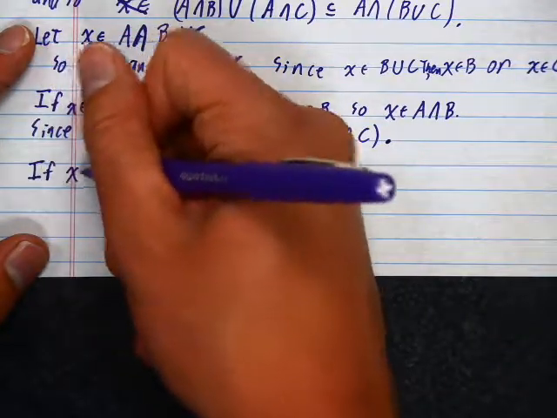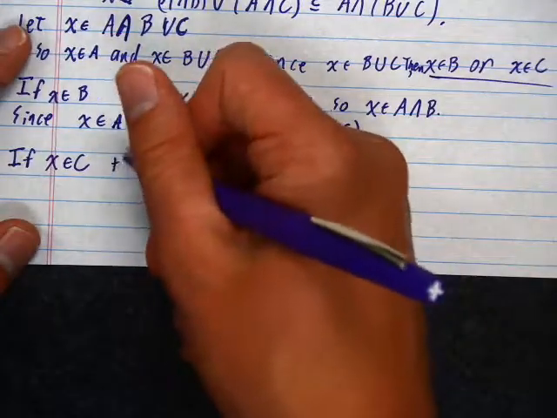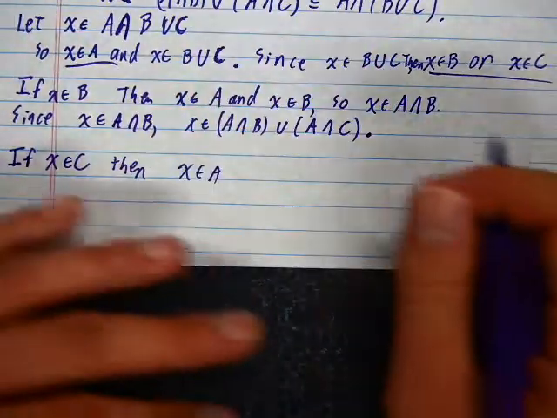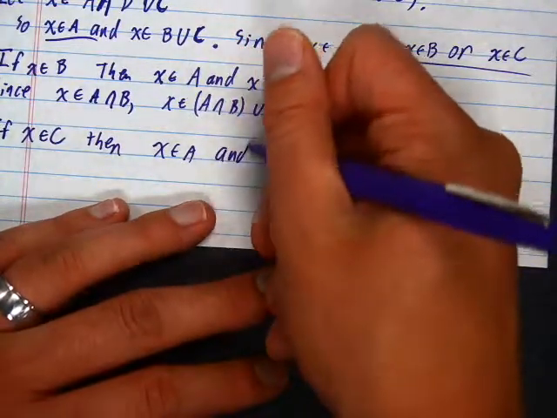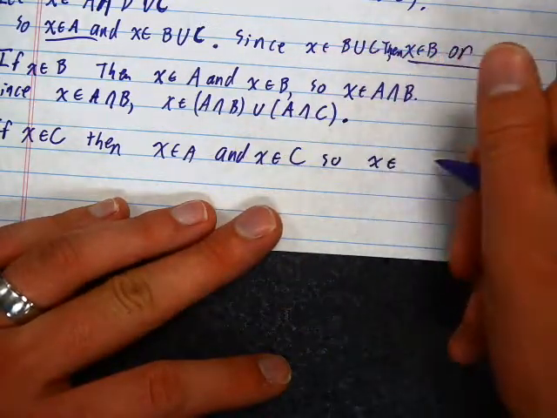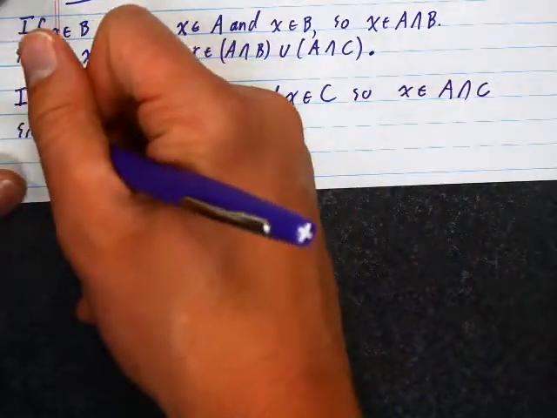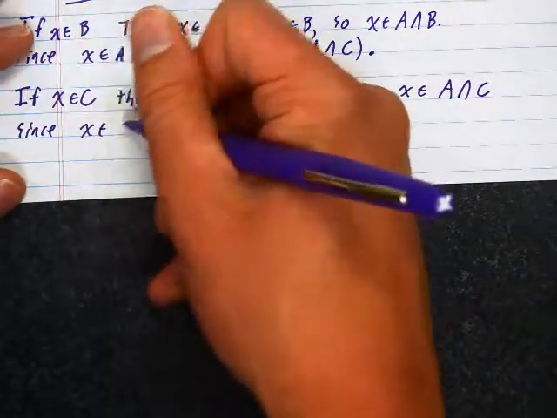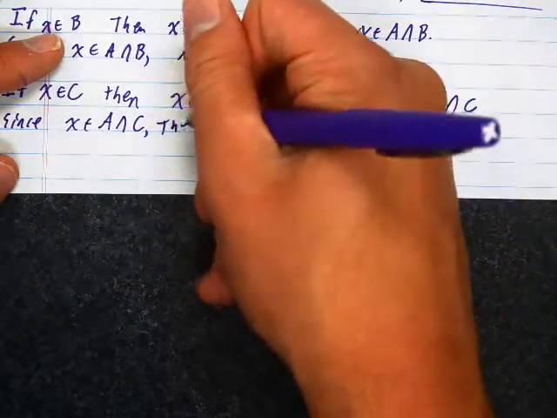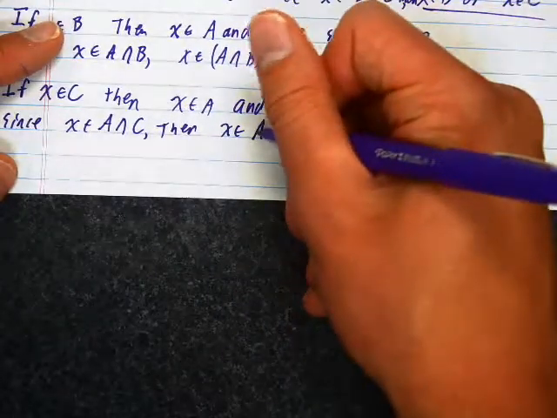If x is in C, because of this or statement, then what do we have? We have x is in A, because we assumed that in the first step. And x is in C, so x is in A intersect C. Since x is in A intersect C, it certainly follows that x is in A intersect C union with some other stuff.